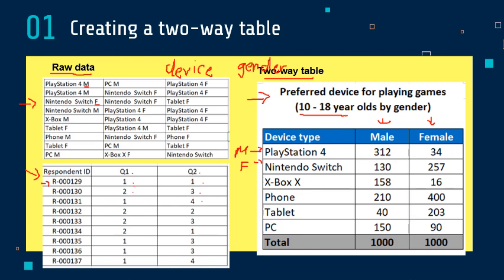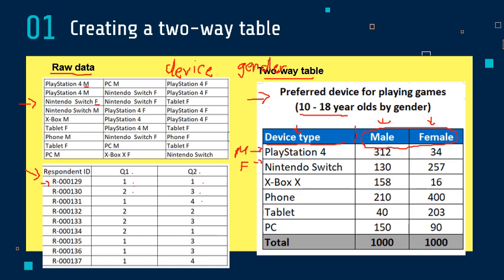So what I've done for this first column is I put the device type. So that's PlayStation, Xbox. So that's one piece of data that I want to know. Then I've got my gender data. So I've got one column for male, one column for female. And then this is where my counts come in.